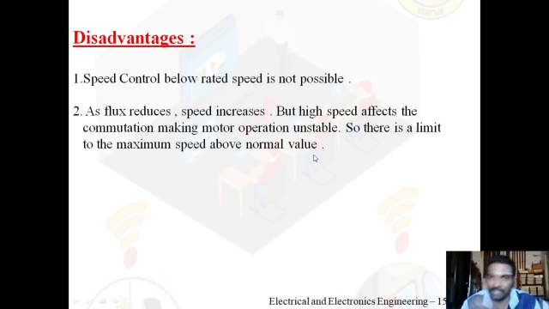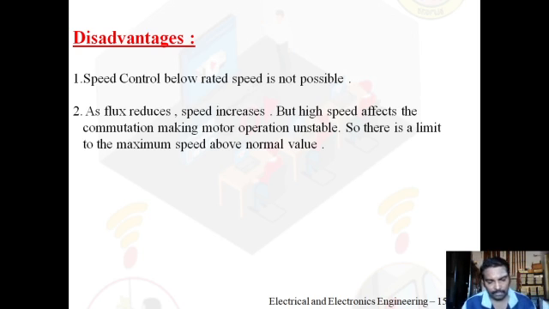We cannot increase directly the value of resistance, that means the rheostat, to any value. There is a limit to a maximum speed above the normal value. So this is the disadvantage of the flux control or the field control method.